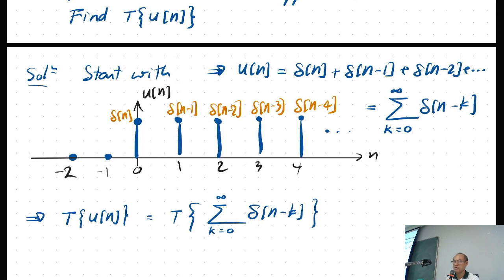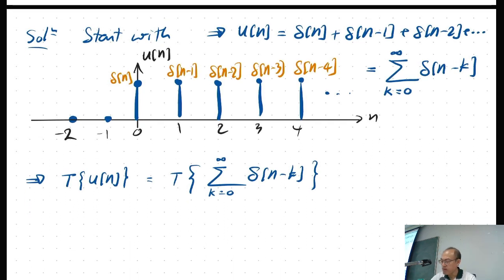Now we see that the input is a linear combination of deltas placed at particular samples. So we can use the linear property of T to bring T inside of the summation.